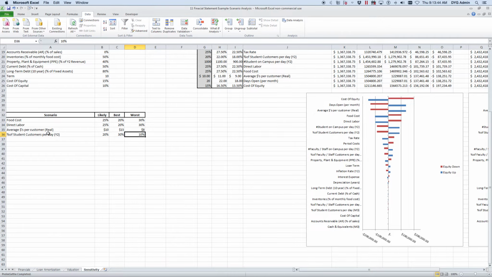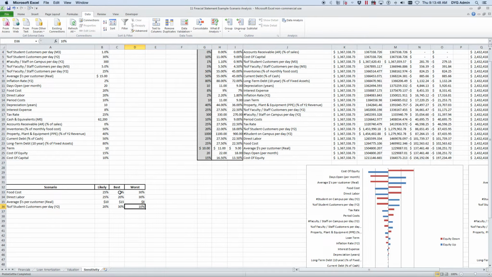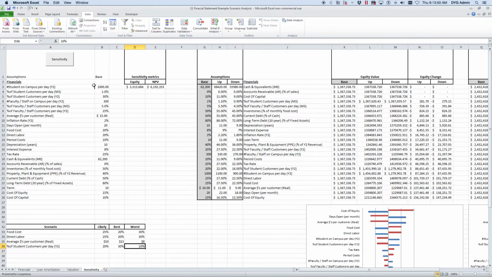So from there, what you would want to do is go in and change the values for each of those. Well, I didn't change it here, so I need to go ahead and change that back. Percent of student customers per day. Sorry, mumbling to myself here.